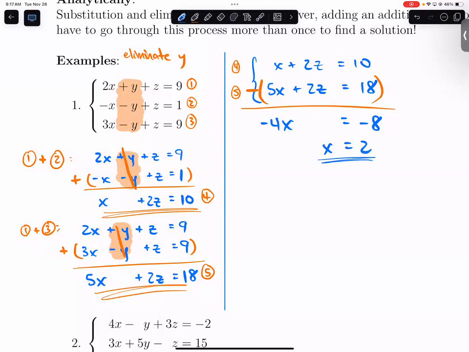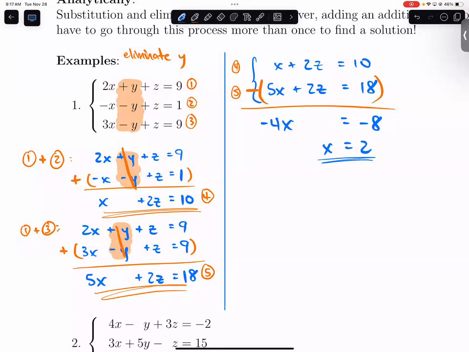Plug it back in where? Top equation. Okay, yeah, this time, sorry. Yeah, right, because it's easier than 5. And if I plug x in, then I can find z, and once I've got x and z, then I can go back here somewhere and find y, right?